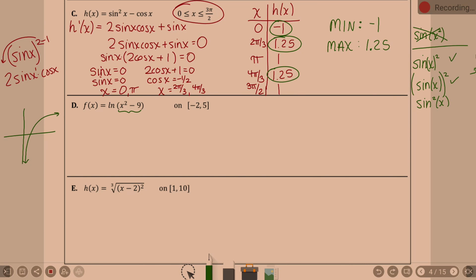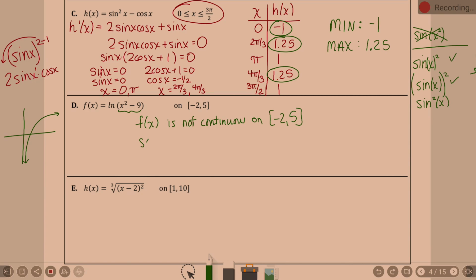If you throw it in the graph, does my graph exist on the interval -2 to 5? No. Partially, but not all the way, right? So, what do we know here? EVT does not apply because it is not continuous on the interval. F of x is not continuous on -2 to 5.